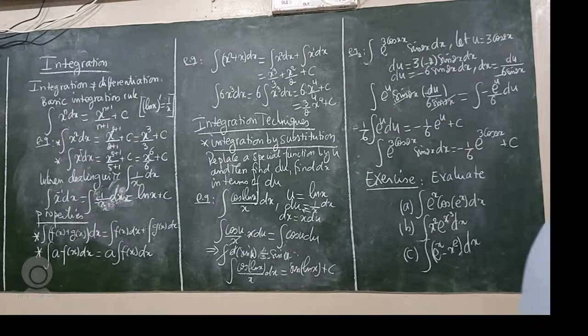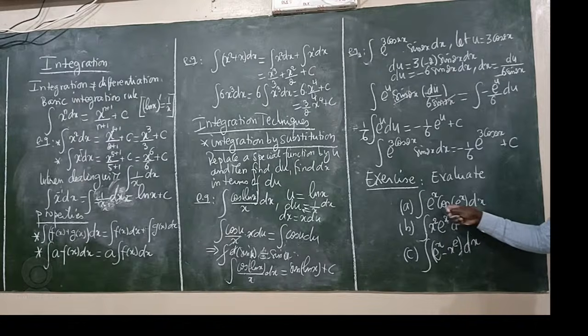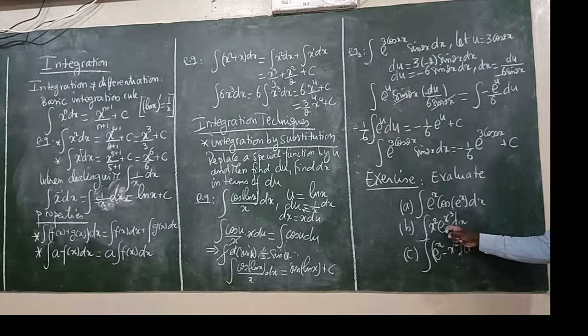I'm going to just show you how these integrals will be computed. You are going to assume the e to the x inside cosine to be u, its derivative will never change. That is the same as here. You are going to let x to the power of 3 be u.